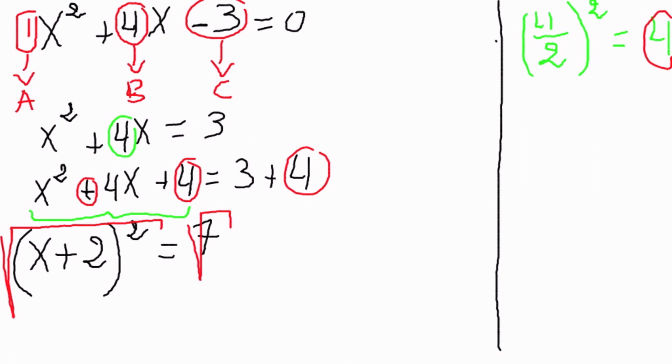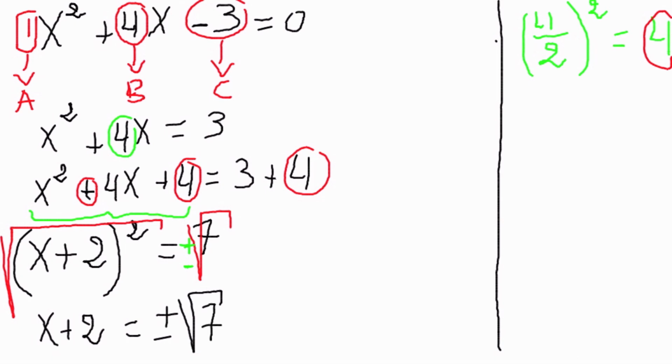That will give me x plus 2, and that's going to be equal to, just make sure whenever you plug the square root on both sides you put plus or minus. So that will give me plus or minus square root of 7.